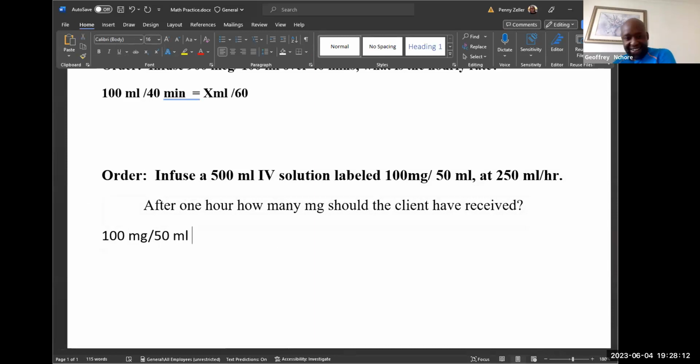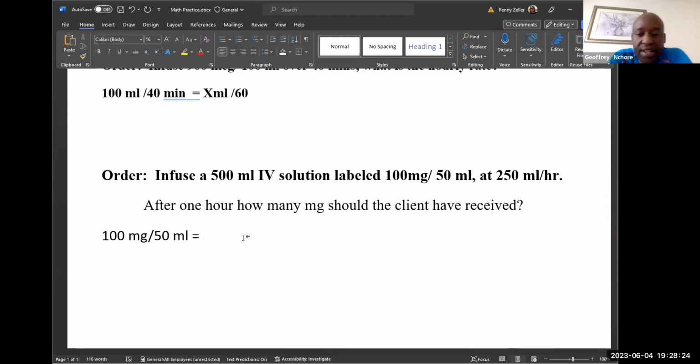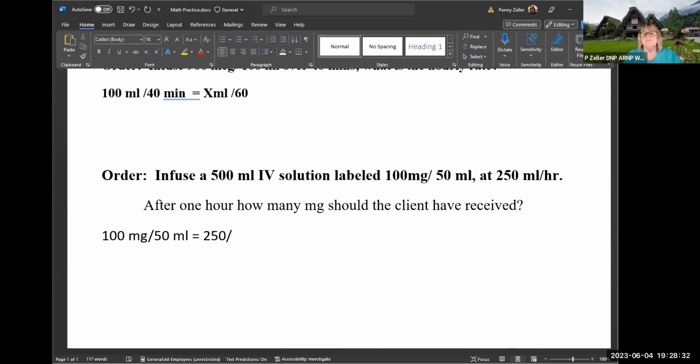Am I right? So what you can do is equate this to what you don't know, in 250. Yes. So the answer is 500, right?